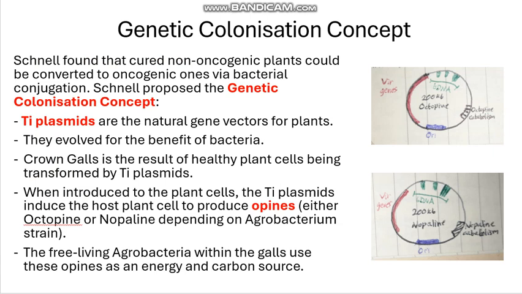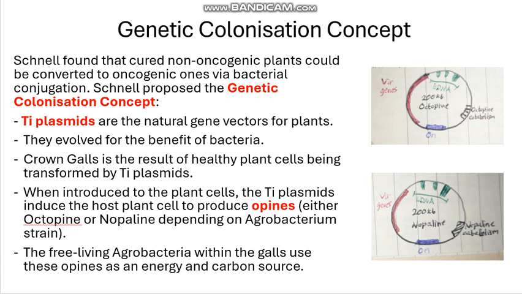Schell found that cured non-oncogenic plants, so plants without the tumours, could be converted into oncogenic ones, so they would grow tumours, via bacterial conjugation.